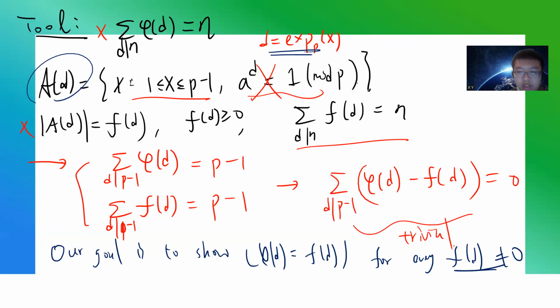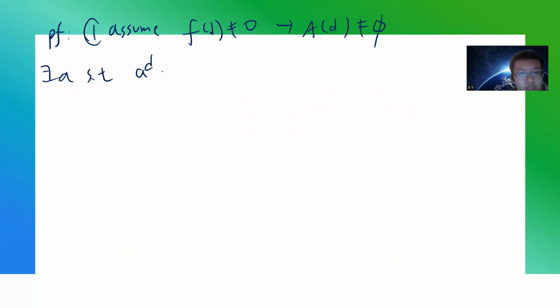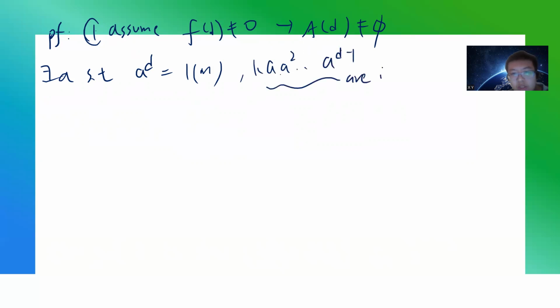Okay, so the proof idea is the first step: let's assume f of d is non-zero. So this tells you that A of d is non-empty. Basically, there exists a such that a to the d is 1 mod p, and also 1, a, a squared, up to a to the d minus 1 are incongruent mod p.